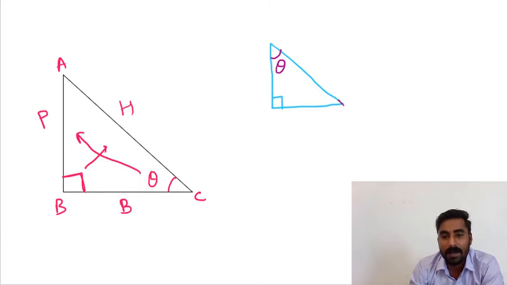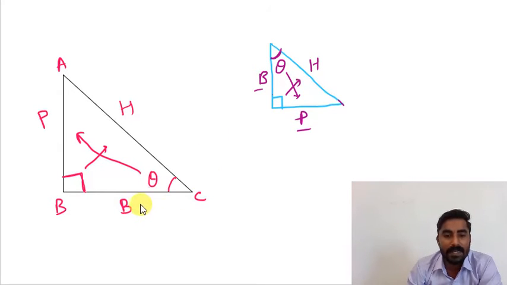What will be the perpendicular, the base and the hypotenuse? The hypotenuse is always opposite the 90 degrees, so this one is the hypotenuse. The base always contains theta and 90 degrees, so this will be the base, and the remaining side, which is opposite theta, is called the perpendicular. So by using theta we can decide where the perpendicular and where the base should be. We cannot say the base is always horizontal; the base could be vertical also. The base always contains theta and 90 degrees. Just remember this.